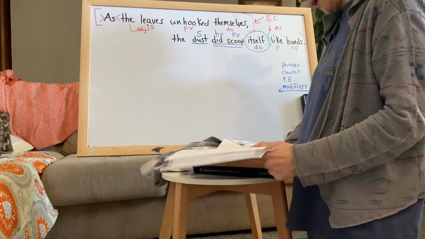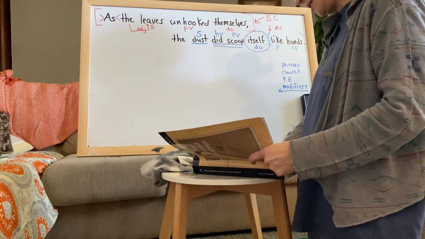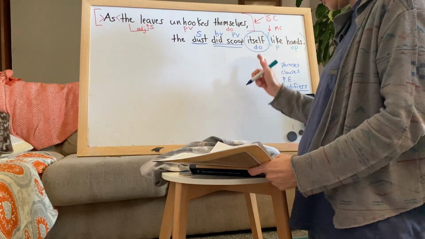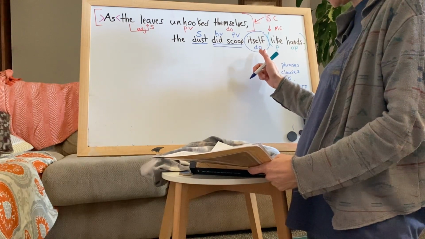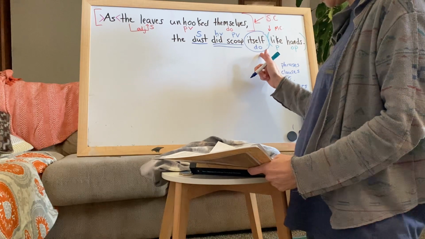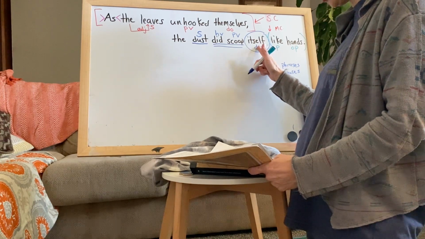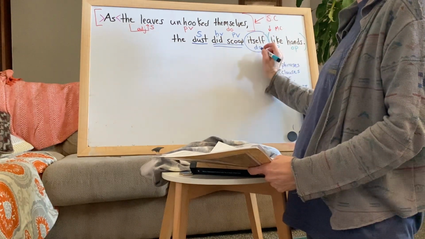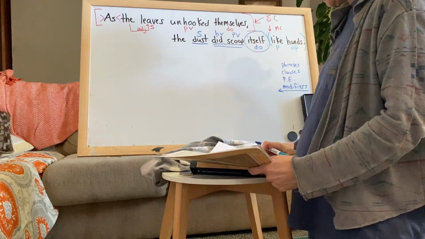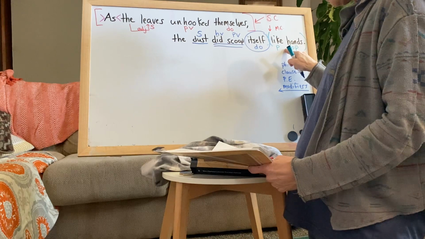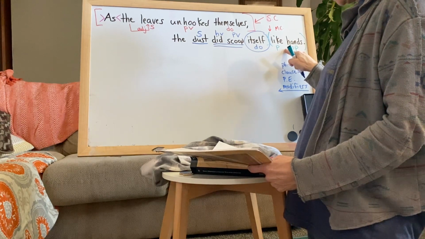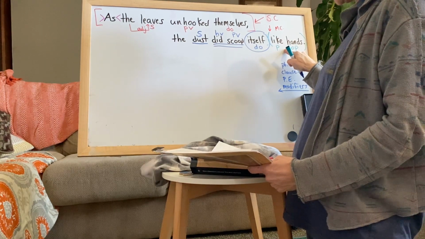Itself is an objective element because it completes the meaning of the action verb. It is a direct object because it tells us what the dust did scoop. So we circle it and label it direct object. "Like hands" tells us how the dust did scoop.